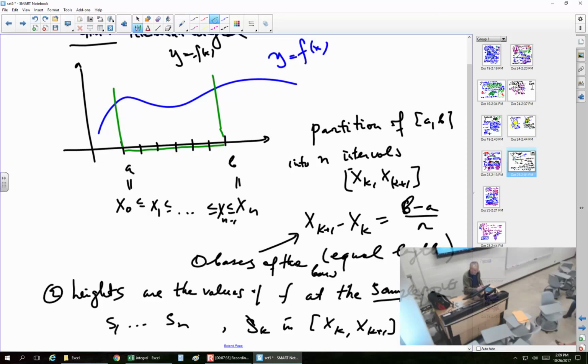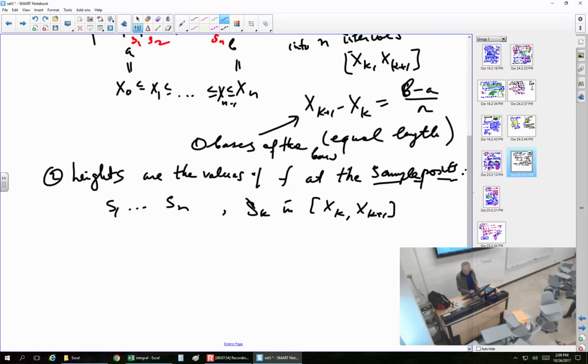We place them in an arbitrary fashion within each of the intervals: right hand, middle point, doesn't matter. So this is x1, c1, s1, s2, ..., sn over here, n of them. The values are the heights, and so they are f of s sub k.